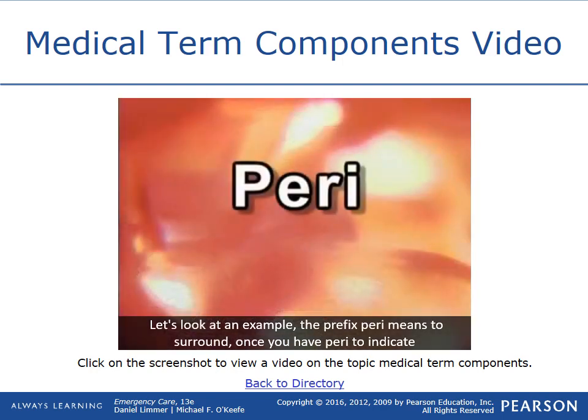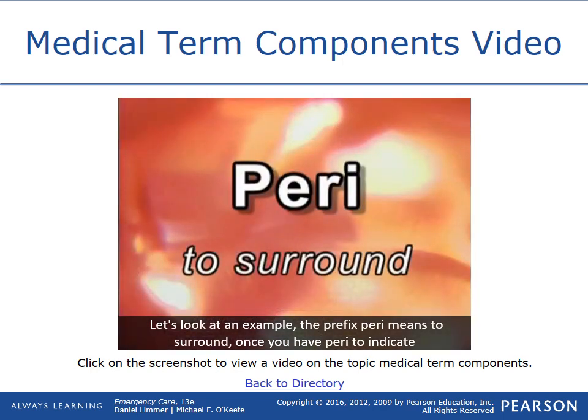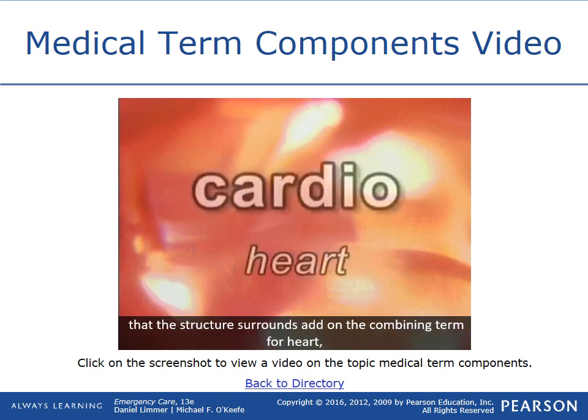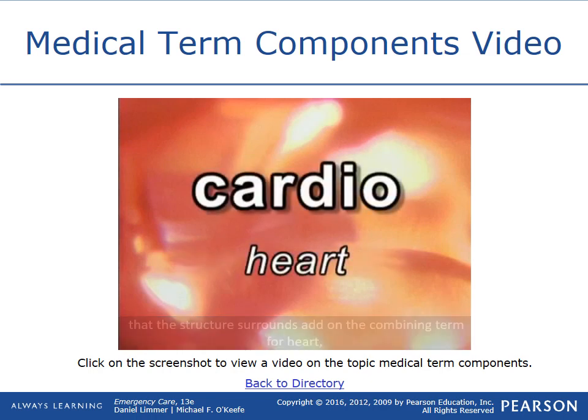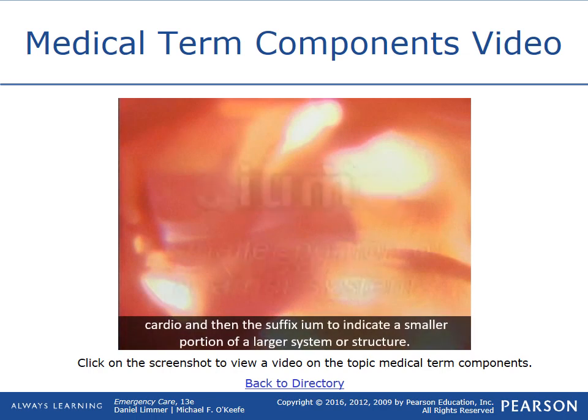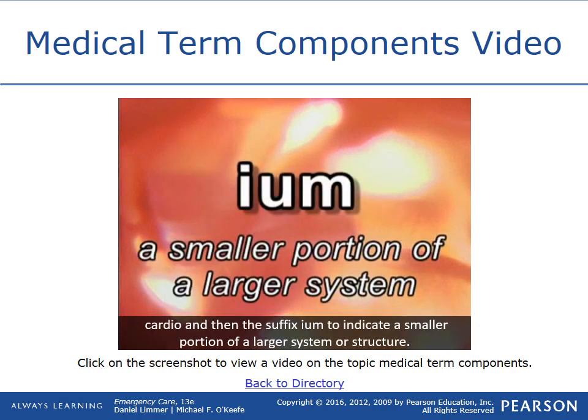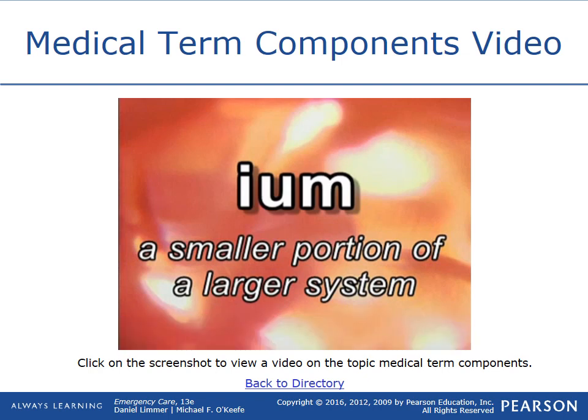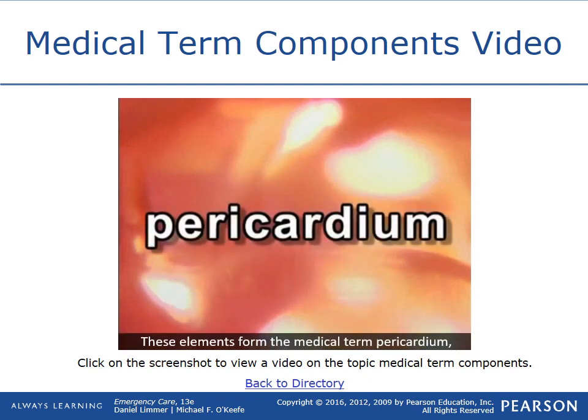The prefix peri means to surround. Once you have peri to indicate that the structure surrounds, add on the combining term for heart, cardio, and then the suffix eum to indicate a smaller portion of a larger system or structure. These elements form the medical term pericardium.